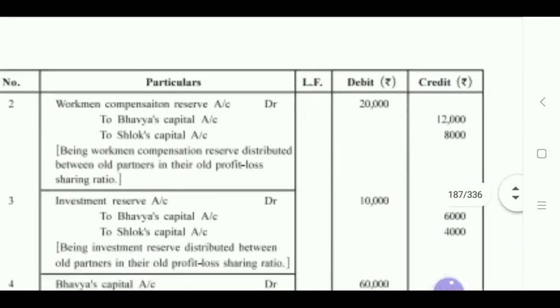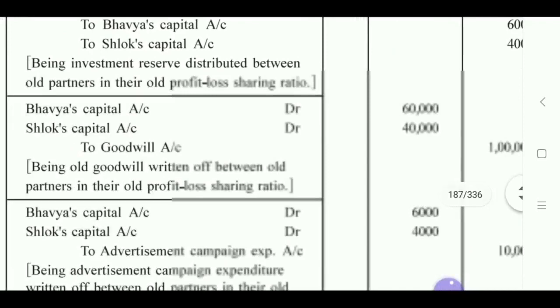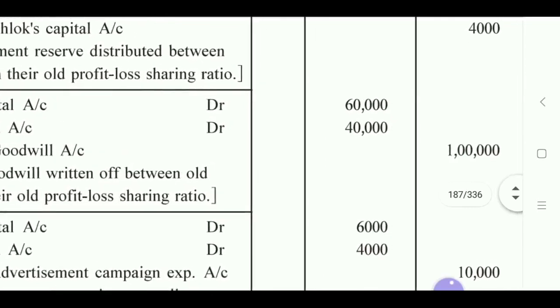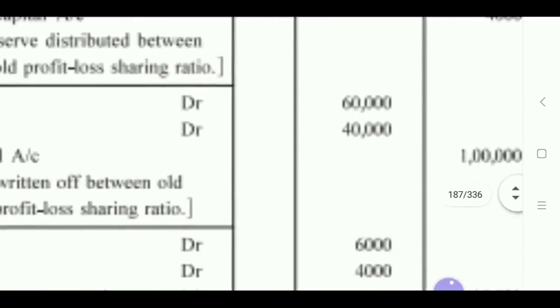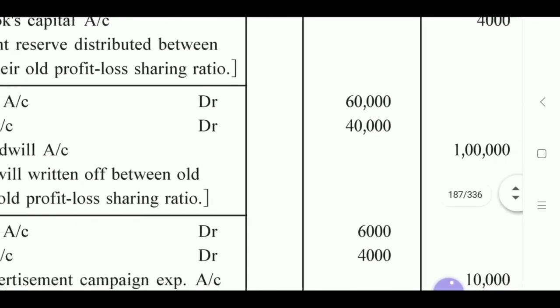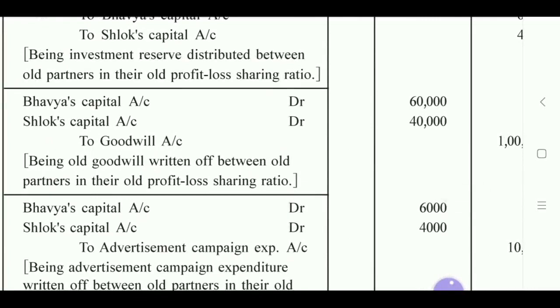This is to be written off among the partners. Let us quickly check the journal entry regarding this. Yes, we have it here. The old value of goodwill has been written off among old partners in their old profit loss sharing ratio, which is 3:2. It is 1 lakh, again 60,000 and 40,000 respectively. All right, so this is the journal entry.